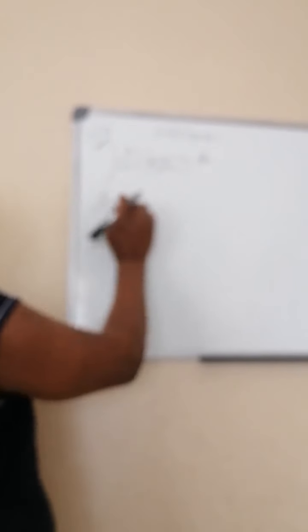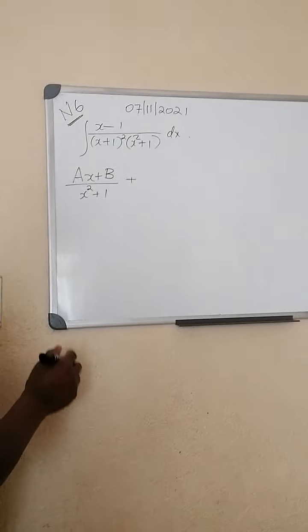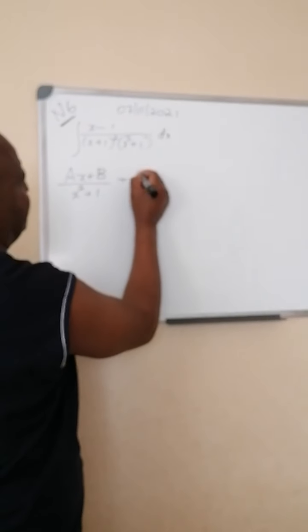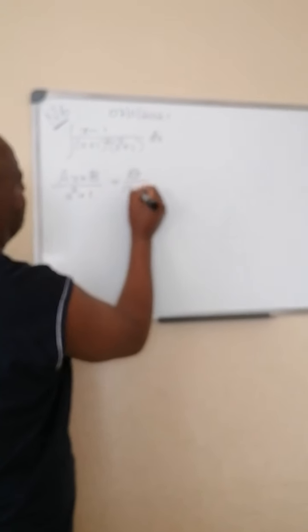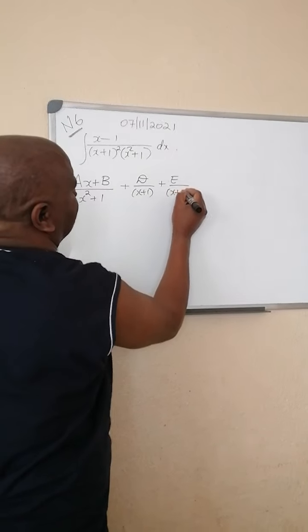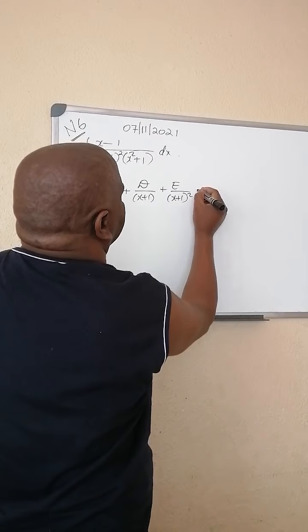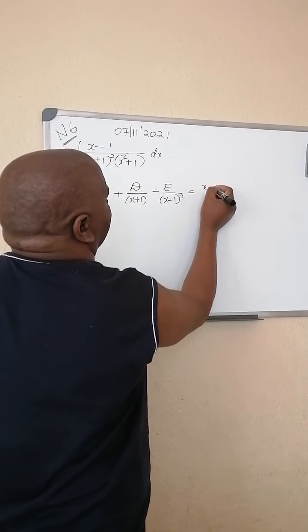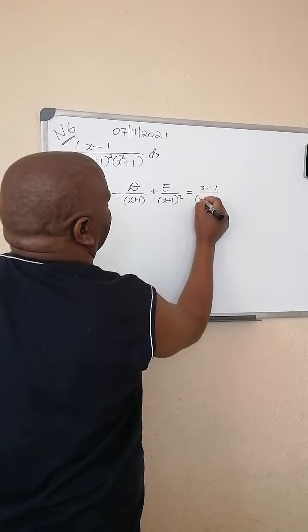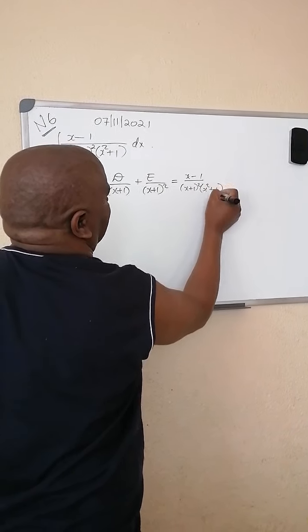Where I have this, then I can always introduce this part and then plus d over x plus 1 plus e over x plus 1 squared, and that equals x minus 1 over the bracket x plus 1 x squared plus 1.